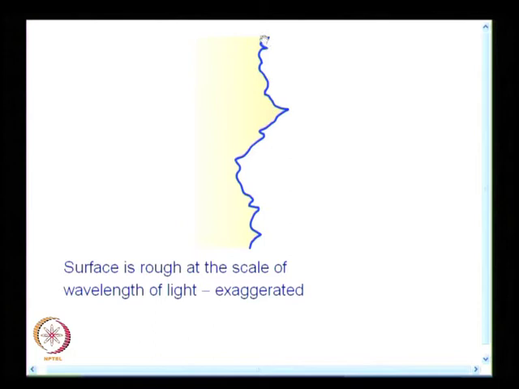The surface for all practical purposes will be very smooth and straight, but if you look at the wavelength of light, the surface is rough at the scale of the wavelength of light. It is a very highly exaggerated picture of the surface to illustrate how speckles are formed, and it is very interesting. This will open up a deeper understanding of how you have these methods.